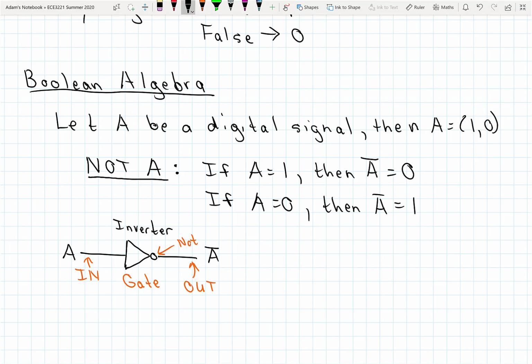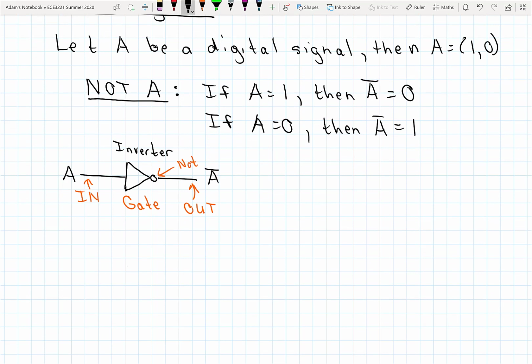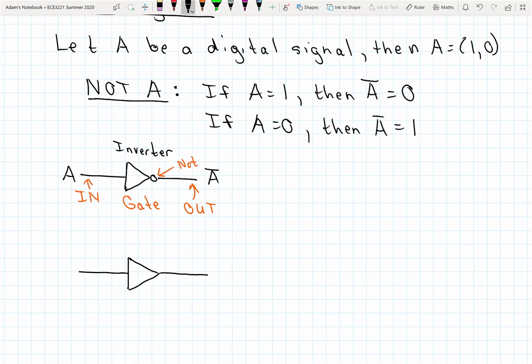Right? Because I could also have a device that looks like this. And your first reaction might say, oh, that's an inverter. But it's not. There's no bubble. Right? So if I put A into this, I'm going to get A out.